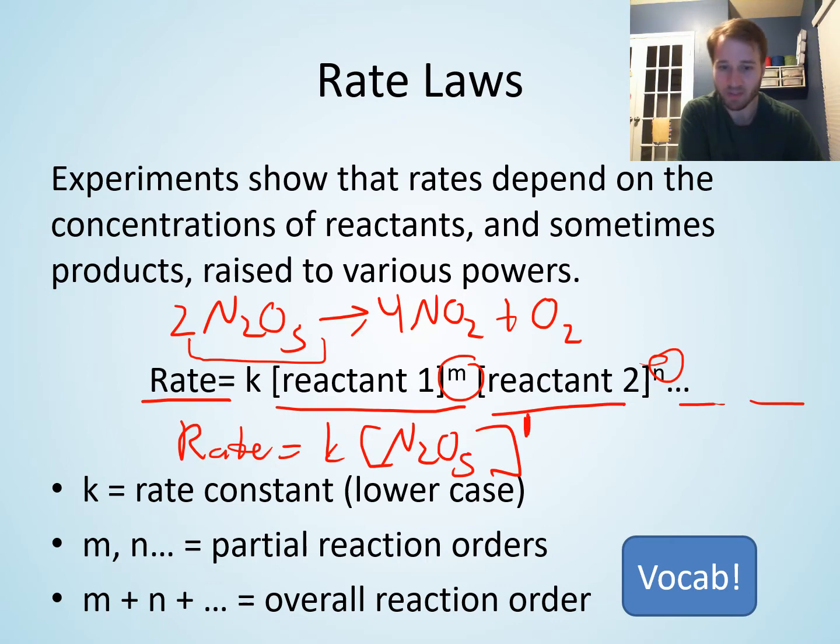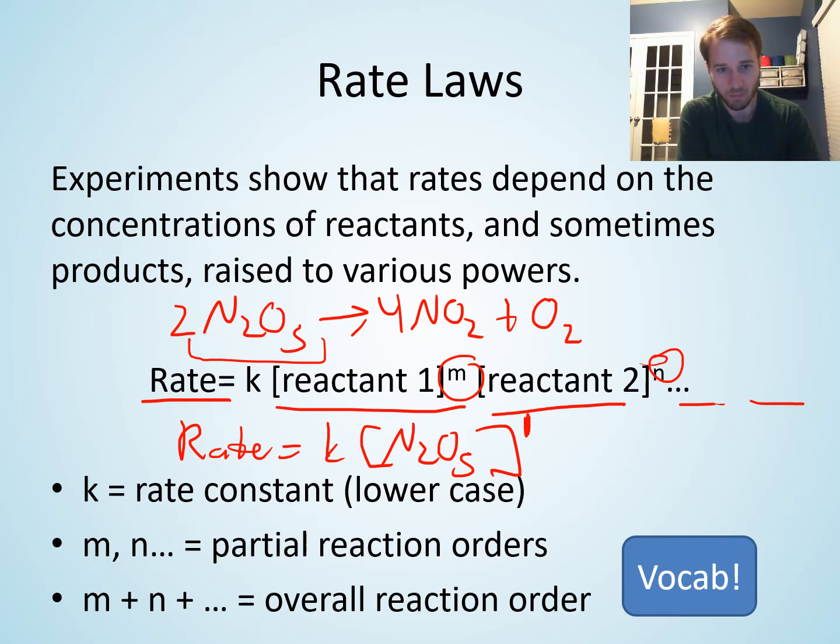I would say the partial order of the reaction with respect to N2O5 is 1. So the order of the reaction with respect to N2O5 is 1, and the overall reaction order in this case is 1 because there's only one reactant.